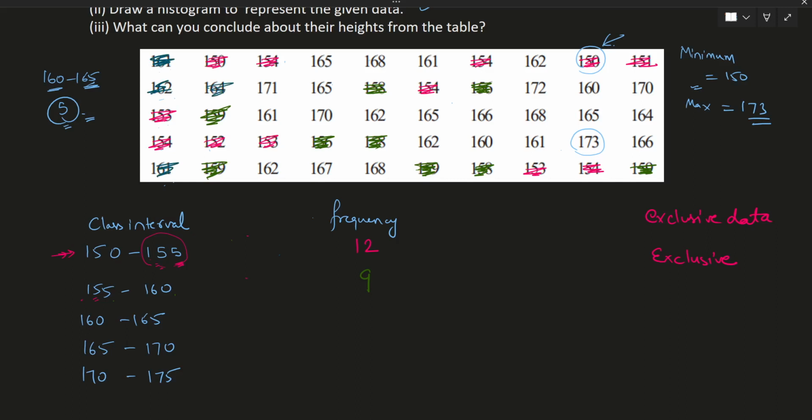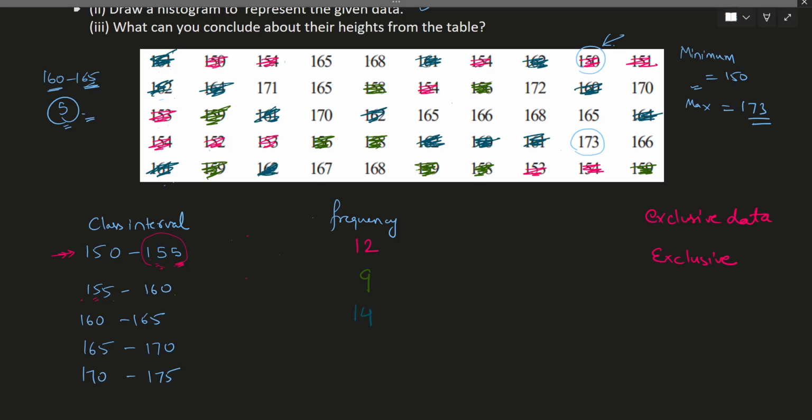I will not take 165 because it will be counted in the next interval. So 161, 162, 162 again, 161, 160 will be counted here, 164 also. Let's count the blue ones: 1, 2, 3, 4, 5, 6, 7, 8, 9, 10, 11, 12, 13 and 14. So I have 14 for these.